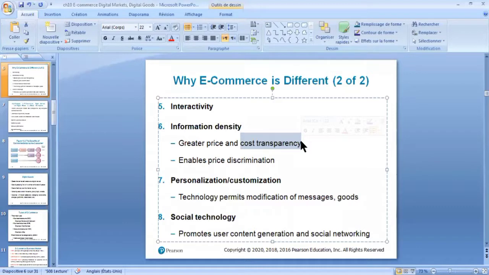Okay. في حين انه buyers on the other hand they have a natural interest انه they want to know the seller's costs for a product or a service. علاش؟ because they want to know if they are paying a fair price. Okay.